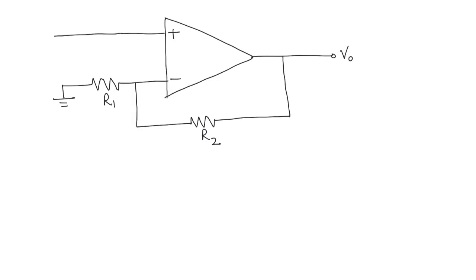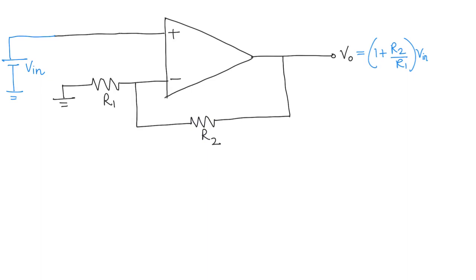So now let's look at the input resistance of the non-inverting amplifier. We know for the non-inverting amplifier that if we apply a voltage of Vin at the input, then the output is going to be equal to 1 plus R2 over R1 times Vin, right?